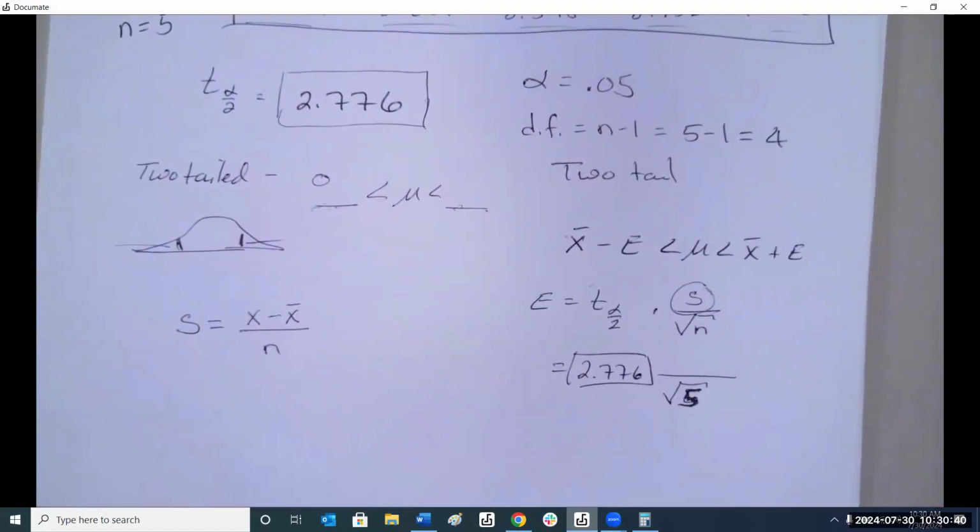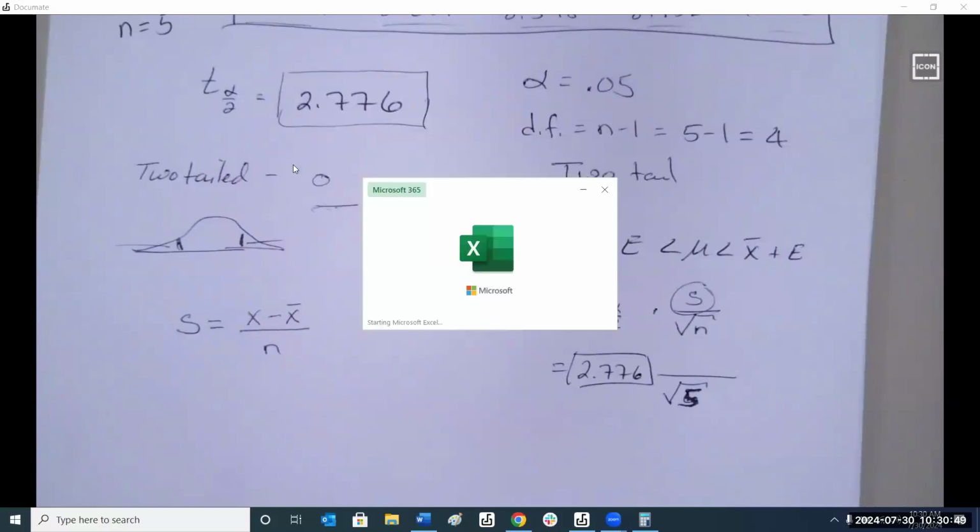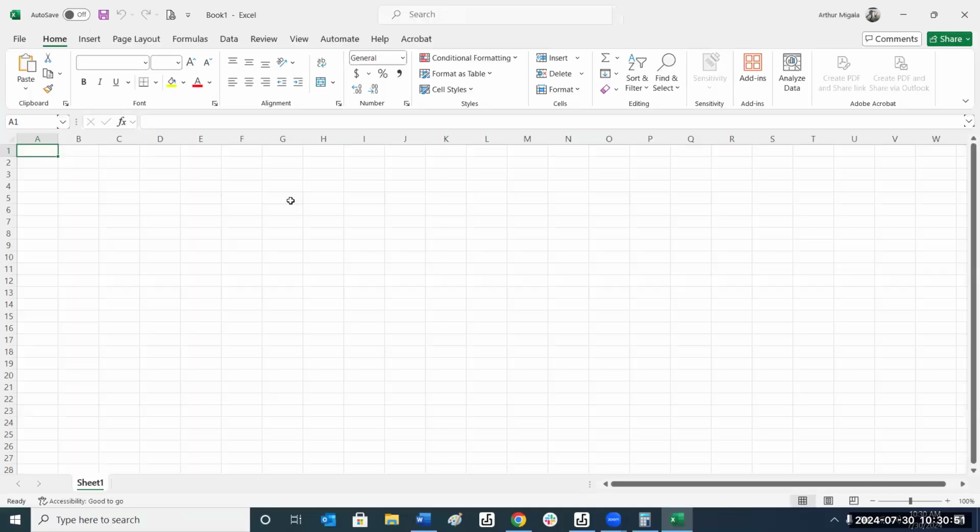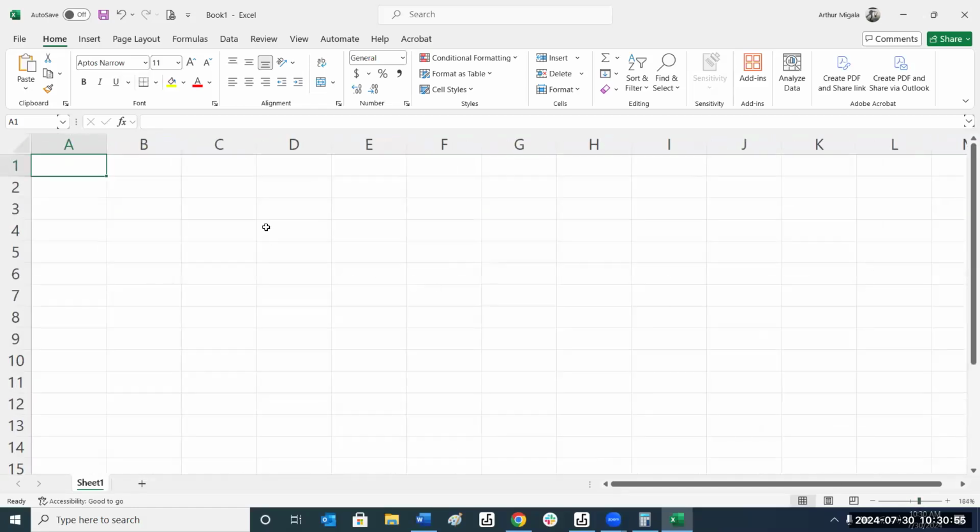So I'm going to go through here now. I'm going to find the standard deviation. So these are my X's.